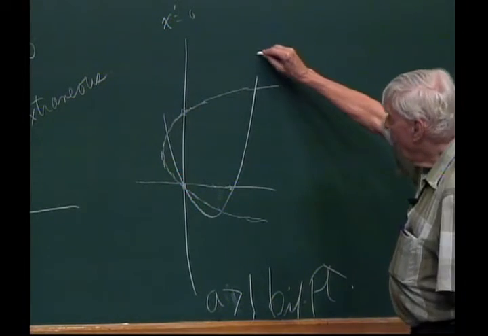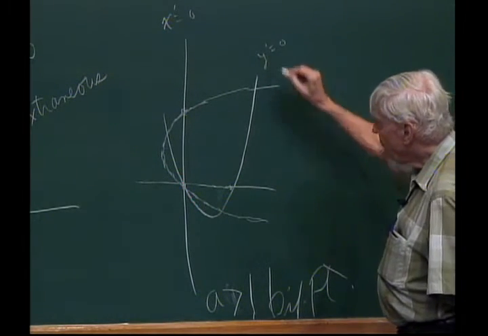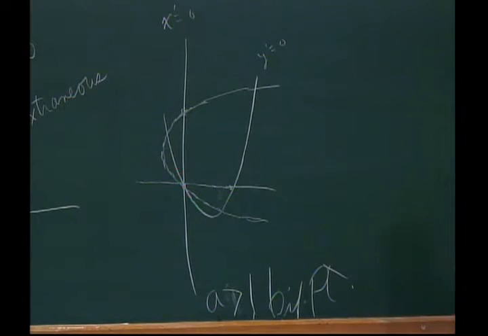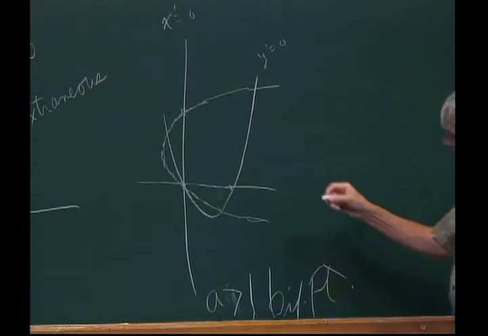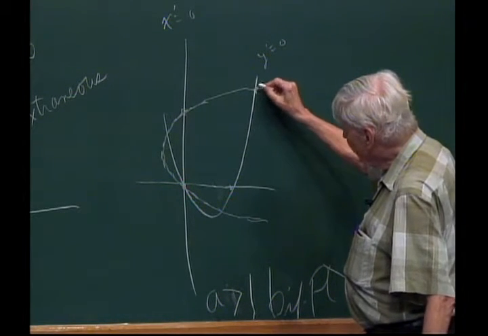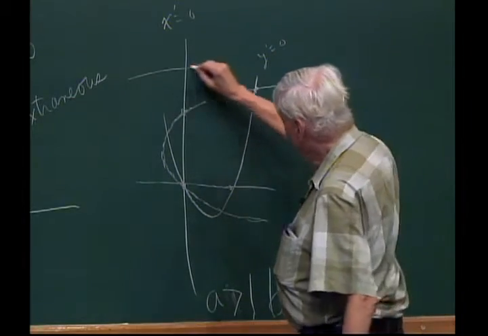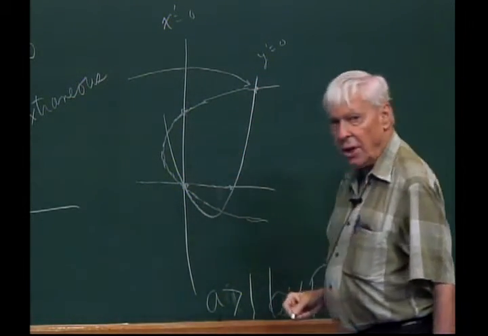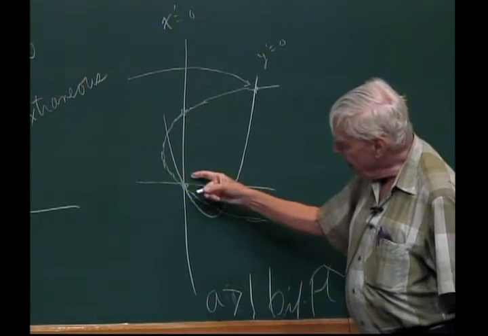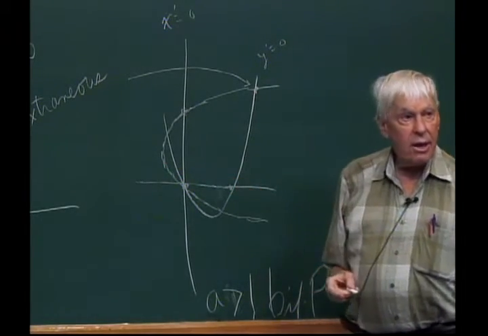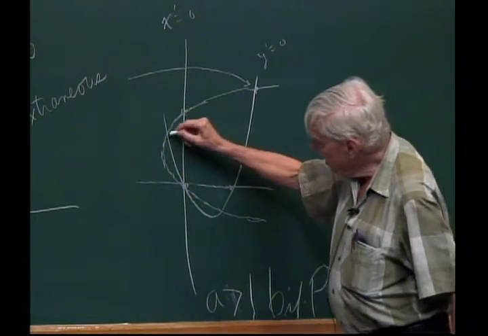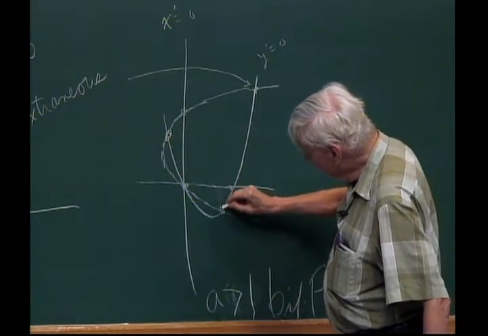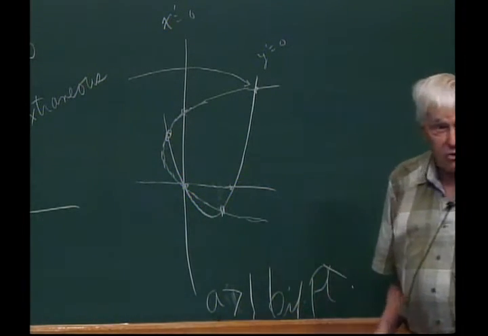This would be y prime equals 0 for A bigger than 1. And so we see our equilibria here. Here's the extraneous one, which we don't care about. Here is the old equilibria, which has become a source. And here are the two new equilibria, which are the two basins.